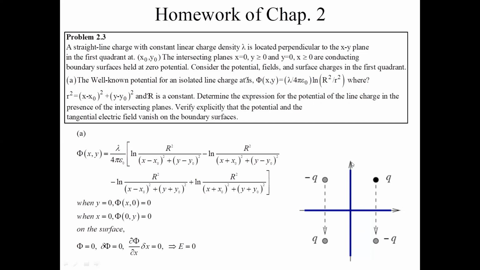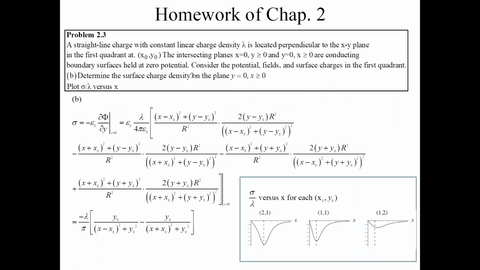Because we want to fit the boundary condition, the potential at these two surfaces will equal 0. You can easily check the boundary condition as this. On the two lines, the potential will equal 0.